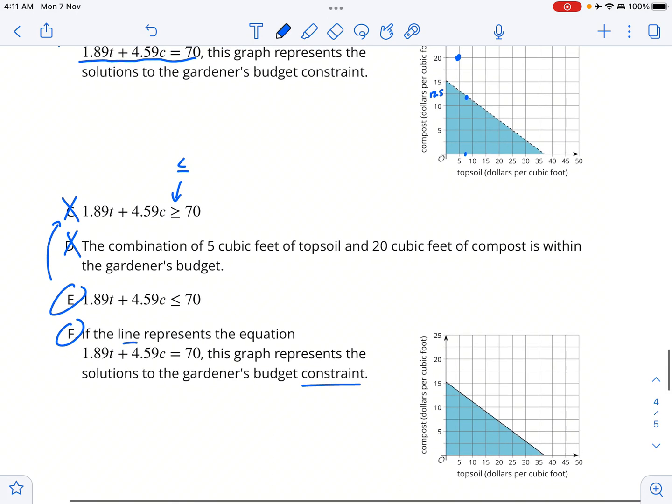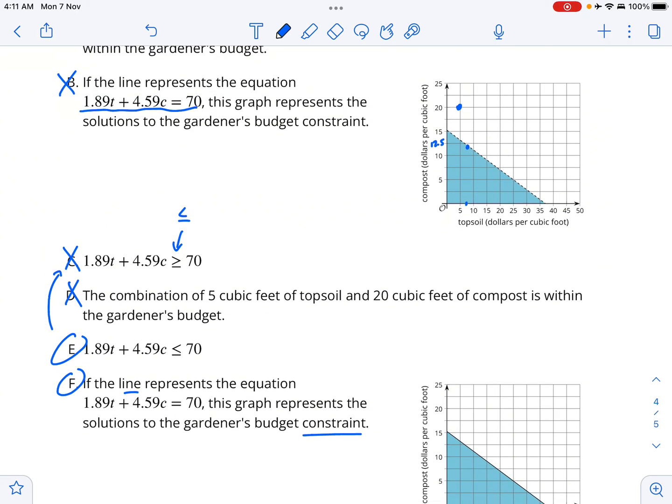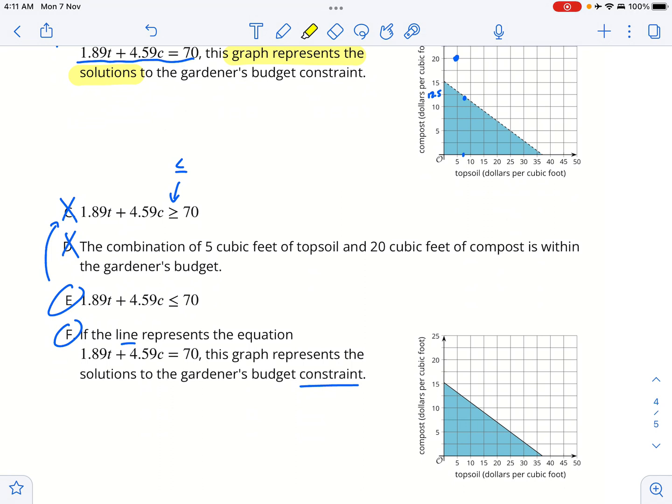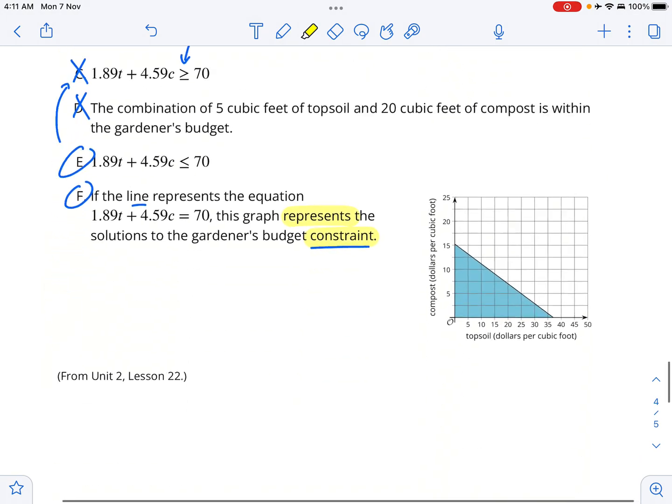Now, you would have to go through and do the shading and turn it to a dashed line to represent the solutions. This is kind of a subtle difference. The reason that B was wrong is because it said the graph represents the solutions. Okay, the line doesn't represent the solutions. What the line represents is the constraint. So just a minor little difference there, but it's an important one to know why one is true and one is not.